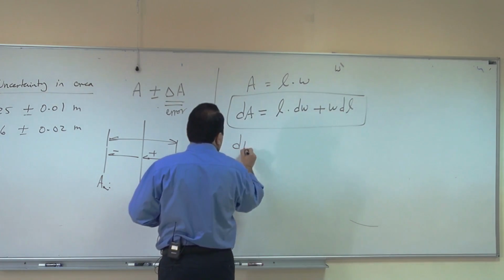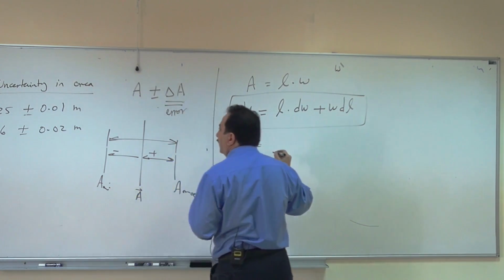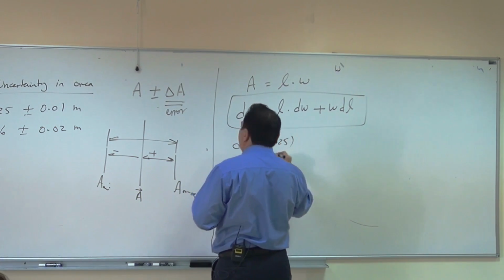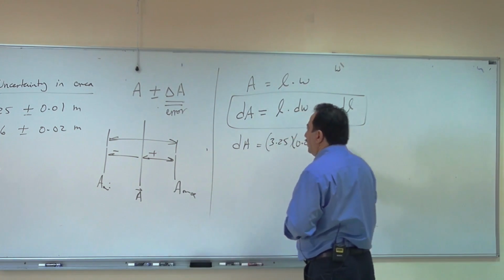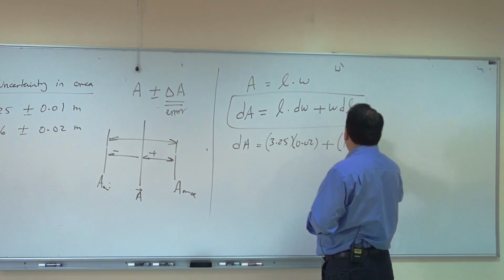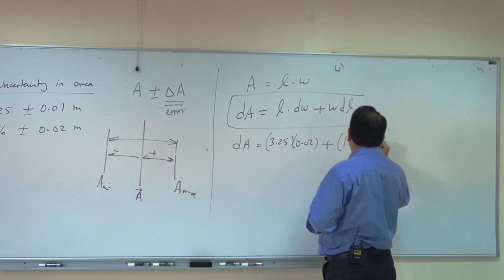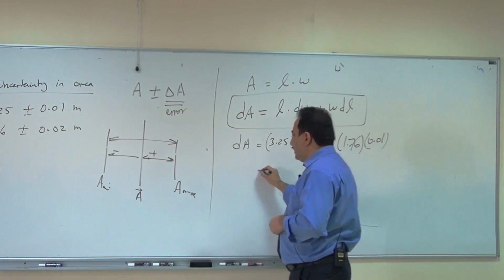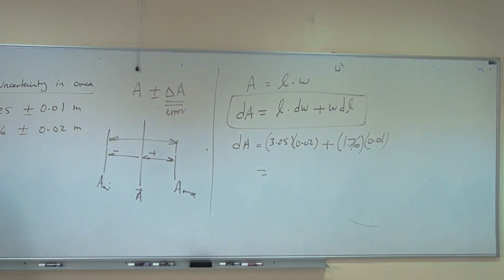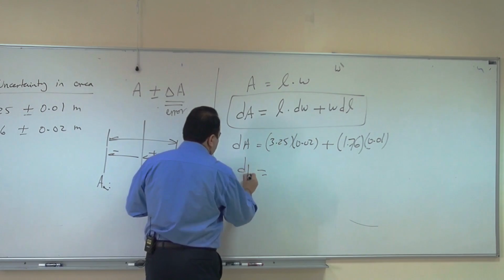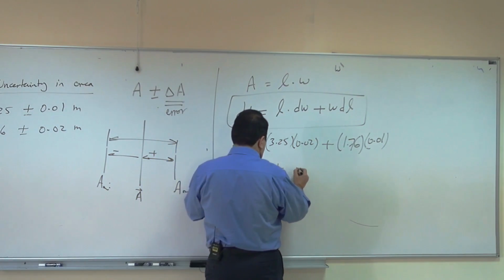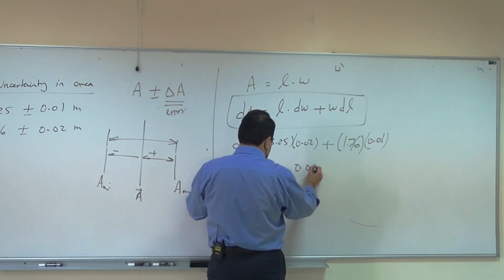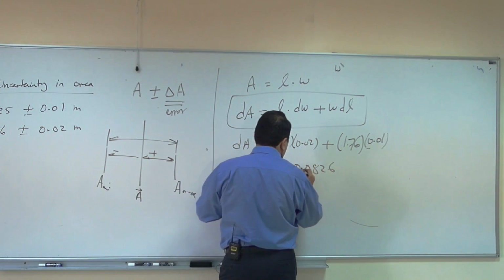So dA equal 3.25 multiplied by 0.02 plus 1.76 multiplied by 0.01. And this will give you the uncertainty in the area. And you'll find that the answer here is plus minus 0.0826.